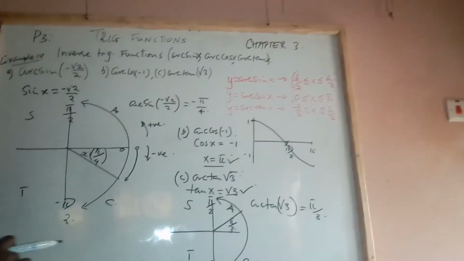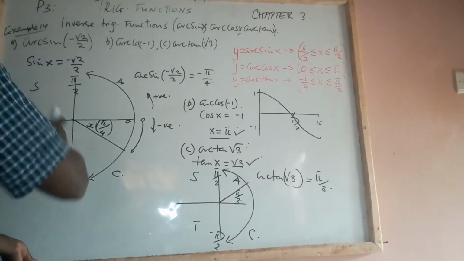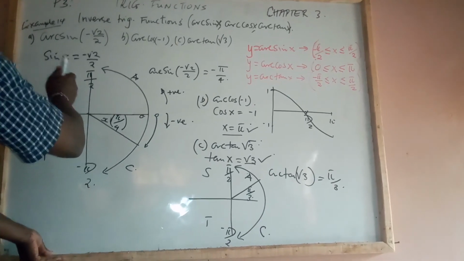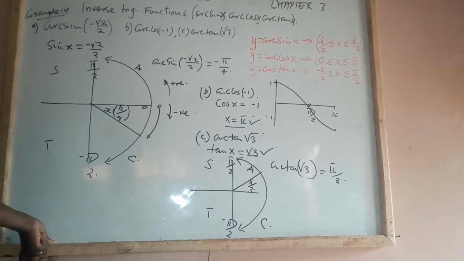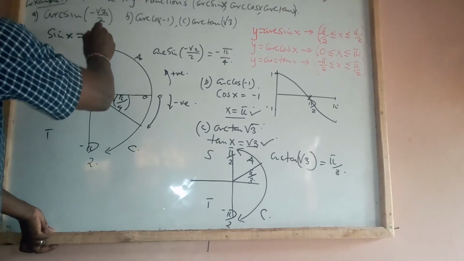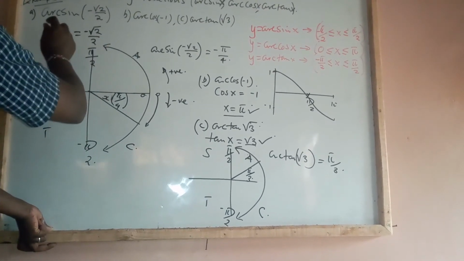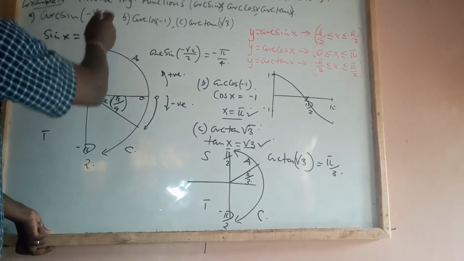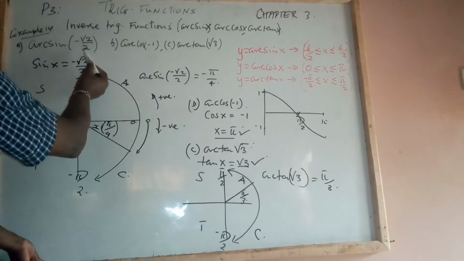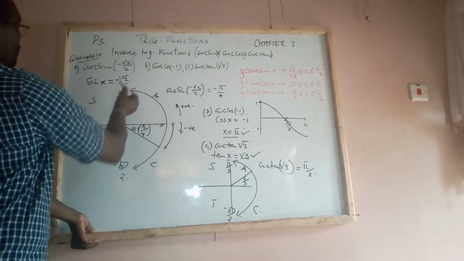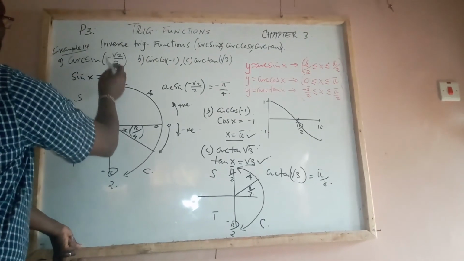But the most important thing to note is, if we go back to example A, what we are being asked to find is arc sine of -root 2 over 2. It tells us that in this position, -root 2 over 2 is being used as a domain.